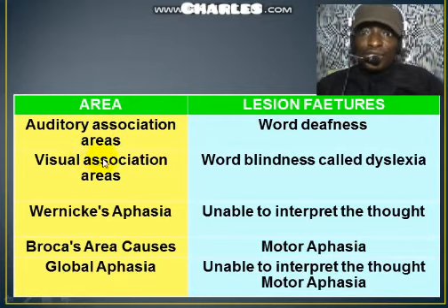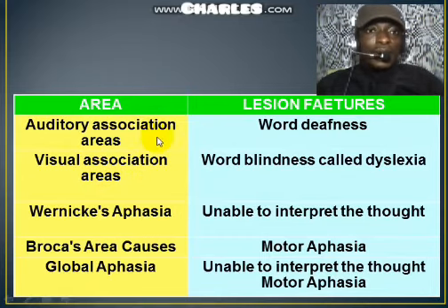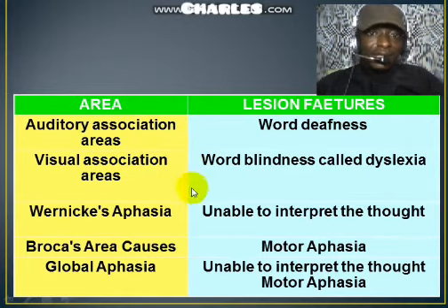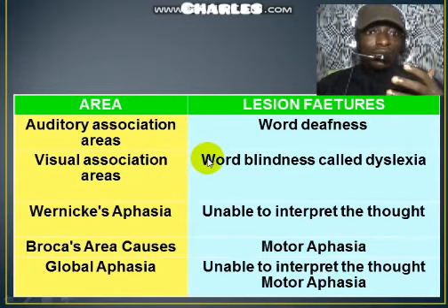The next one is visual association area. There is word blindness. You cannot read what is on the slide. Alright, that is a problem with visual association areas. Damage to visual association areas will cause impairments in reading, word blindness.